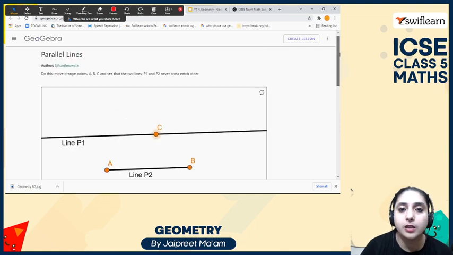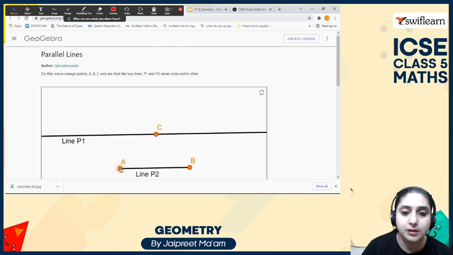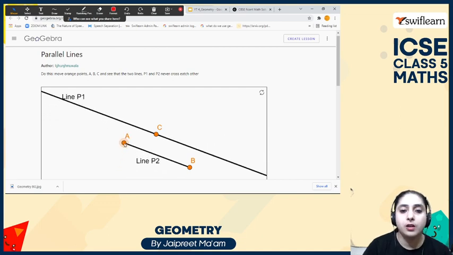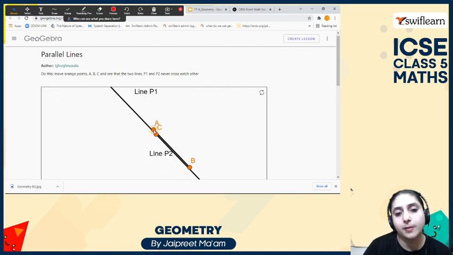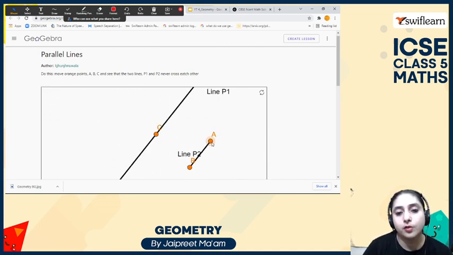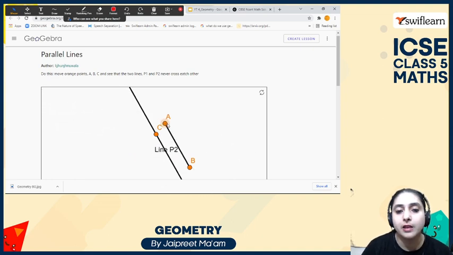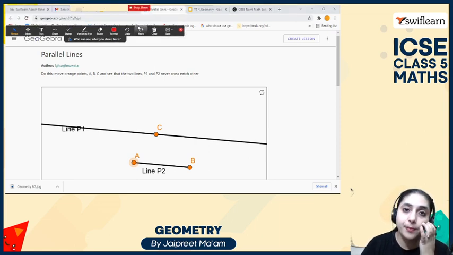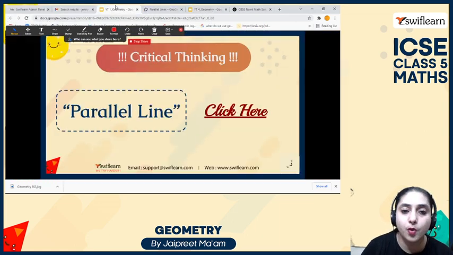Are they parallel to each other? We are moving these sides. Are they parallel? Yeah, they are parallel. Now they are parallel. Again they are parallel. Look, they will always be parallel. They will never meet each other. They never cross each other. This is an example of parallel lines. Okay, let's move back.